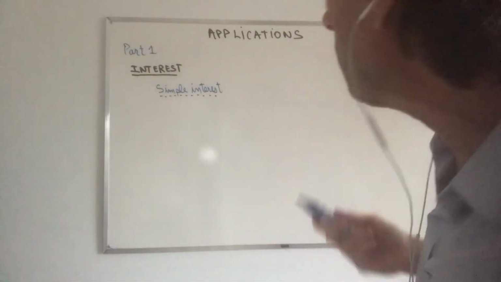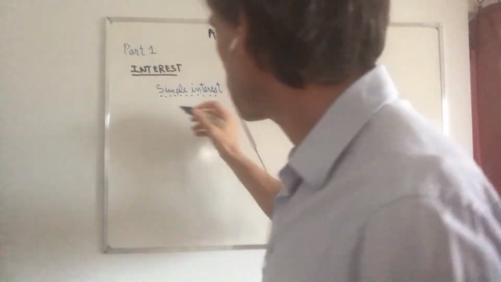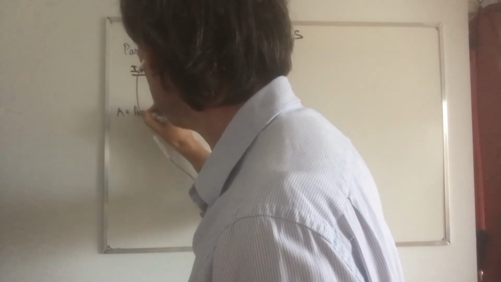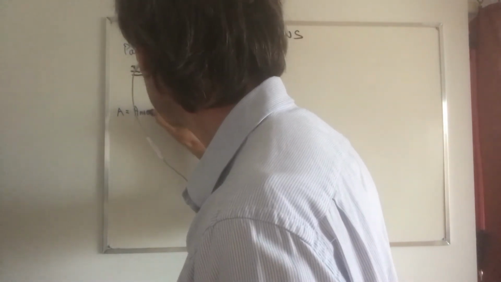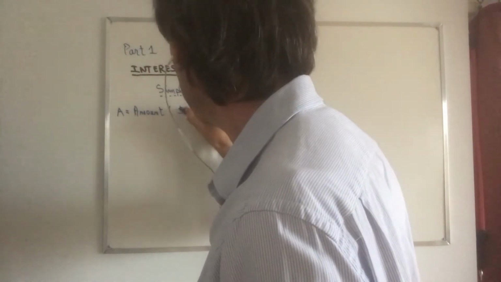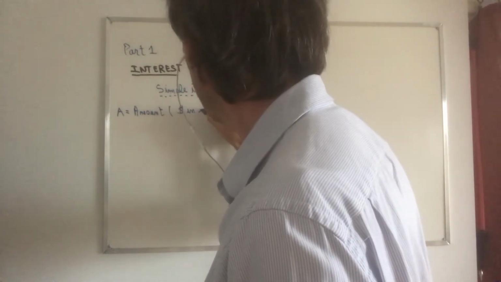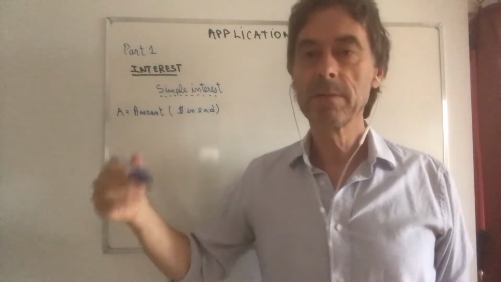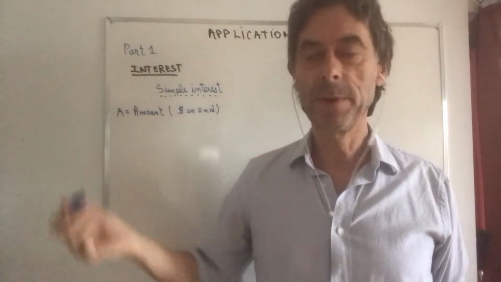So simple interest. I need a few variables to get started on this. So let A, big A, stand for amount. Amount is what you have, so the money that you have in the end. Say you put $1,000 in the bank and you leave it in the bank for, I don't know, 3 years.